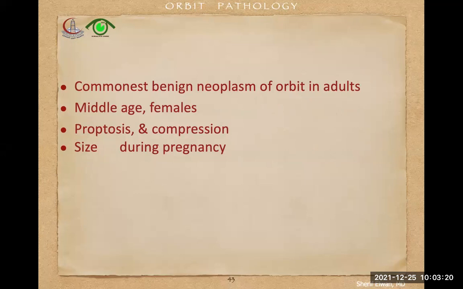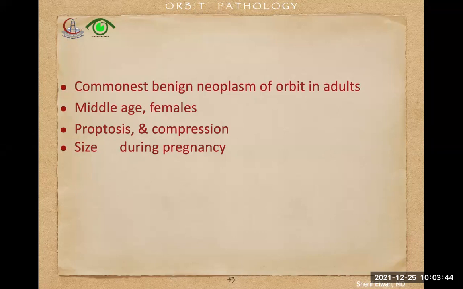It is the commonest benign neoplasm of the orbit in adults. So if you are asked, what is the commonest cause of proptosis in children, it is not tumors, it is orbital cellulitis. What is the commonest benign neoplasm of the orbits?